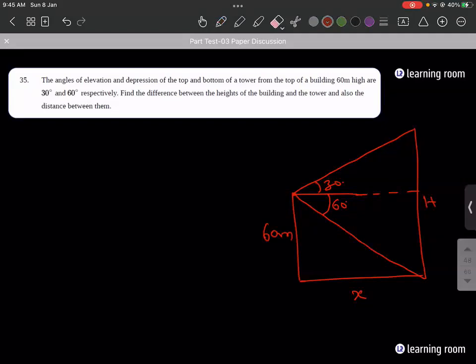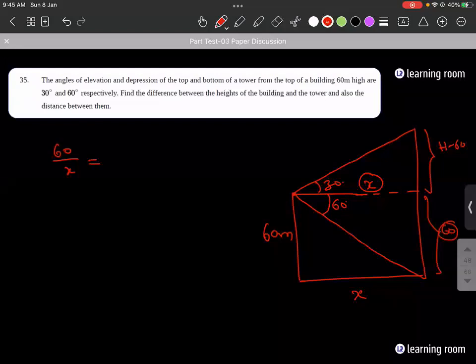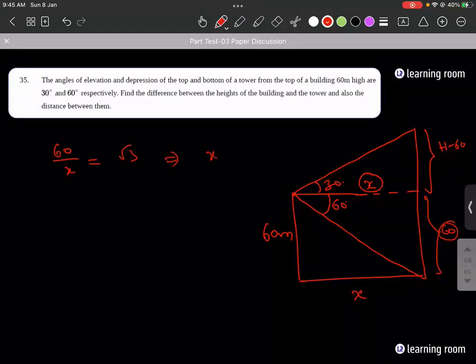Yes, sir. So if I take the height of the tower to be H, this will be H minus 60, this will be 60, and this is also X. So 60 divided by X is tan 60, that is root 3, which implies X is equal to 60 by root 3, that is 20 root 3.